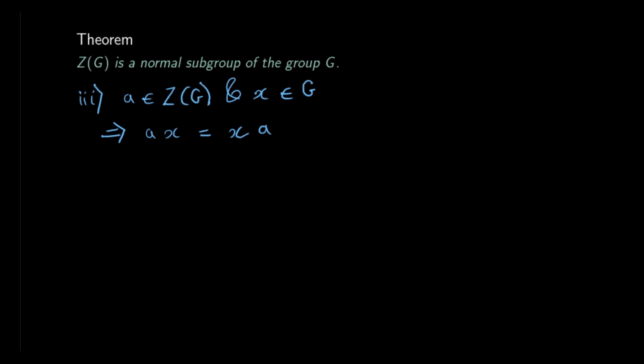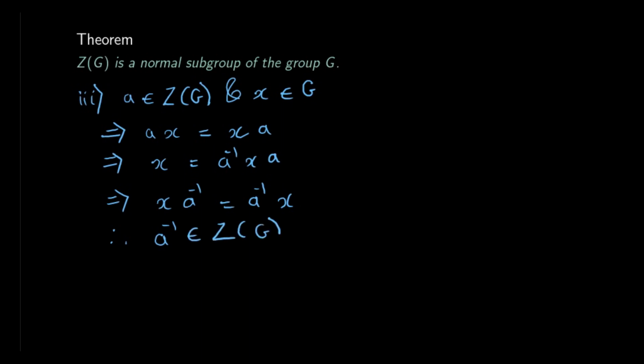Multiplying throughout on the left by a inverse, we get x is equal to a inverse xa, and therefore multiplying throughout by a inverse on the right, we have x a inverse equals a inverse x, and therefore we have proved that a inverse commutes with every element of G, and hence a inverse belongs to Z(G). This proves that Z(G) is a subgroup of G.